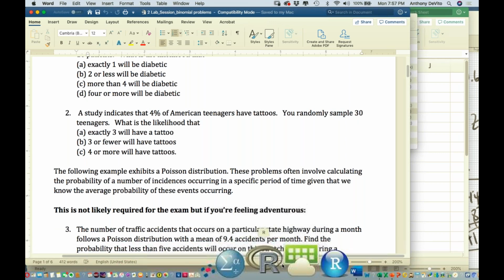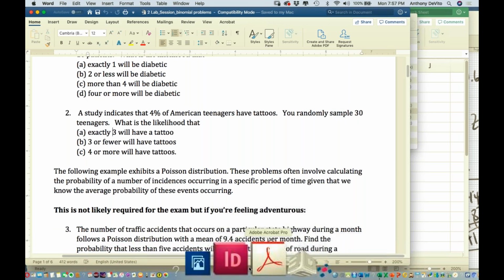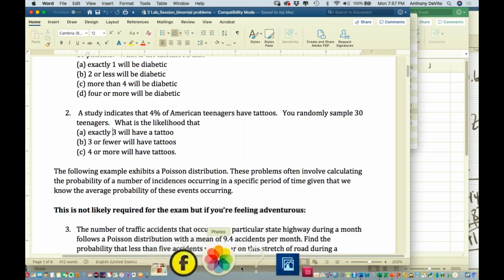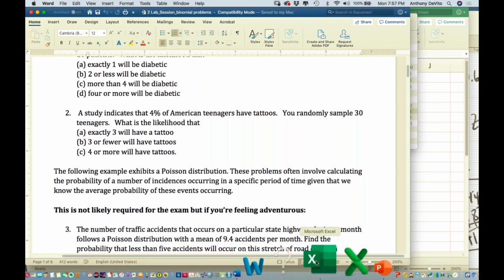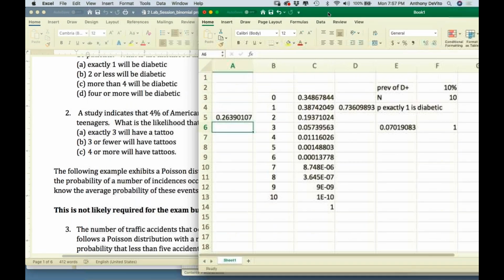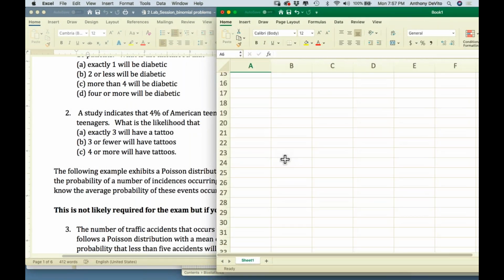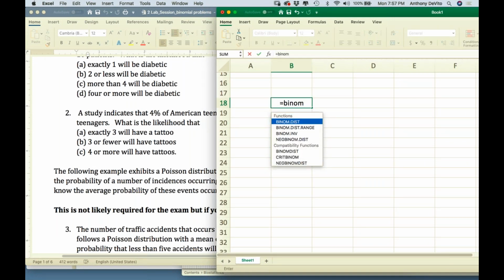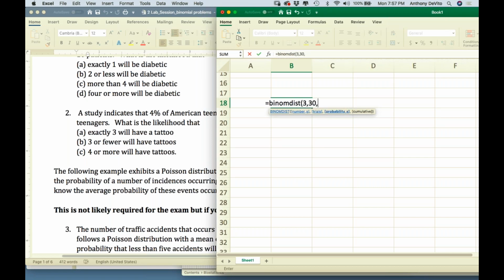So I'm going to pull Excel back up. Okay, let's give this a try. Equals binomial Dist, parentheses, and the number of successes, again, was exactly 3. The trials was 30.